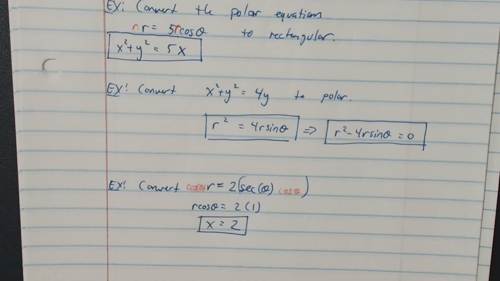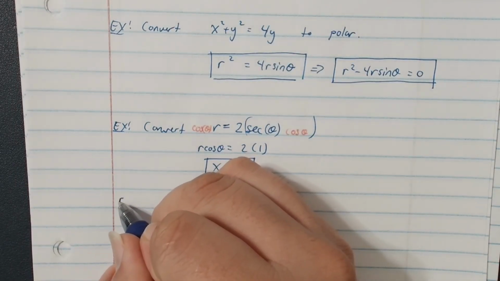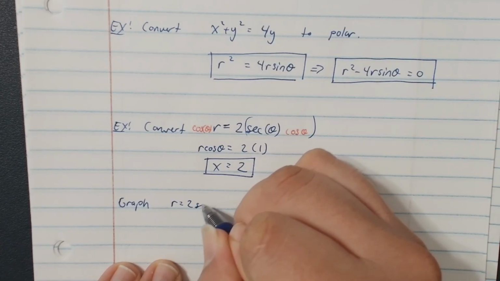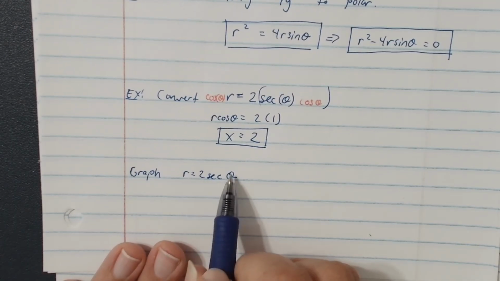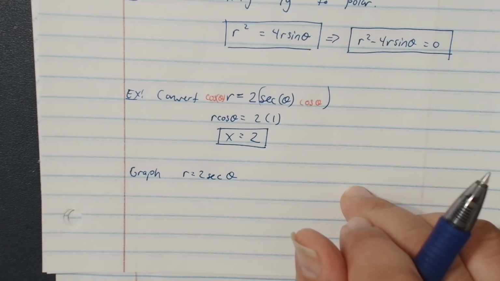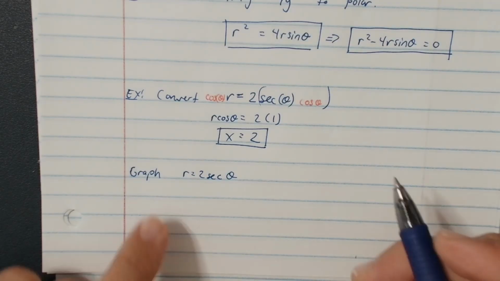So if, for example, the question was, instead of converting, graph the equation r equals 2 secant of theta, that would be hard. Plugging in different values of theta, getting different values of r, grabbing one of these polar coordinate grids, and then actually plotting individual points to get your graph, that would be hard.